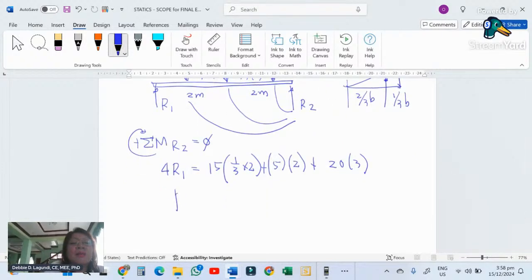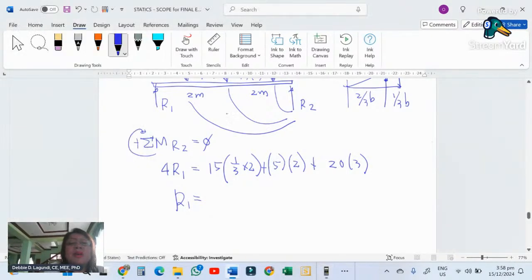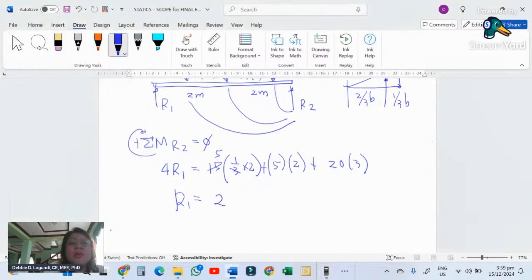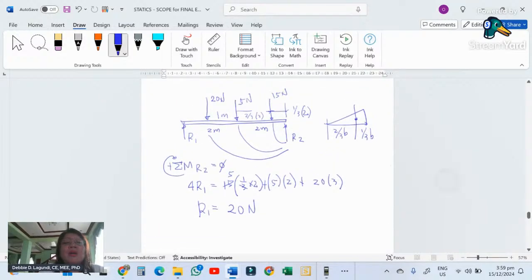Let's calculate. We can simplify this meantime. The 3 and the 15 give 5 in here, so you will have only 10. So 10, plus 10, plus 10, plus 60, divided by 4, will be 20. So R1 is 20 newtons.